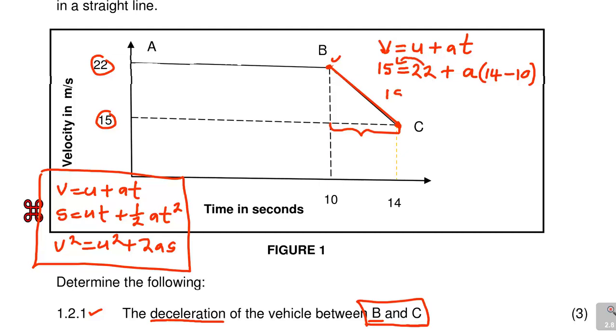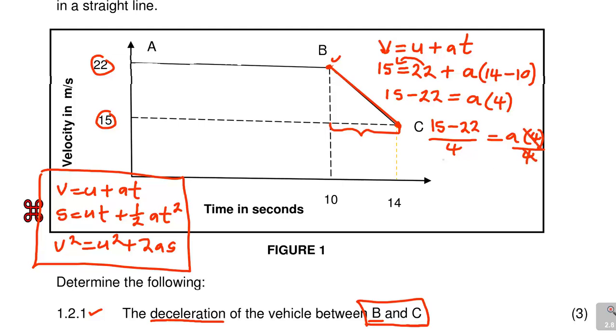You have 15 minus 22 is equal to A. Now 14 minus 10 is 4. So 15 minus 22 divided by 4 is equal to A, 4 over 4.